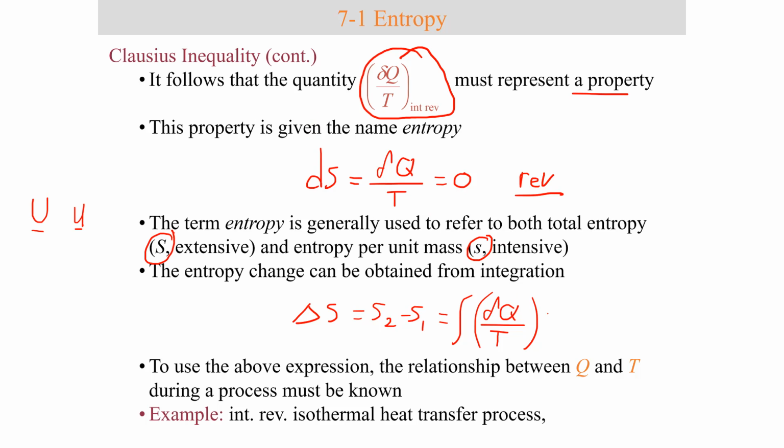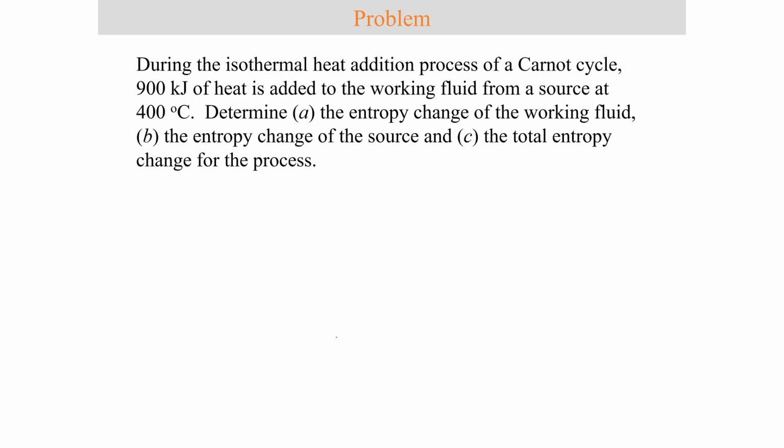So the point is that what we're heading for is being able to quantify changes in entropy for a process, and eventually getting into whether or not the changes in entropy are due to irreversibilities. We'll get there in a minute, but let's go ahead and do a quick example problem.